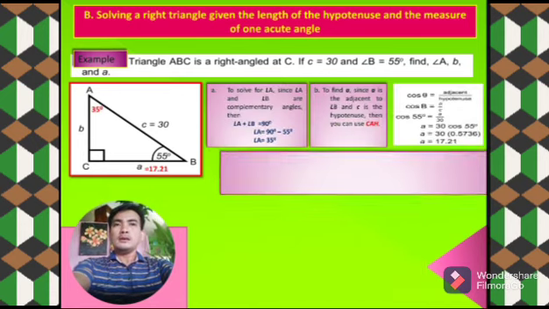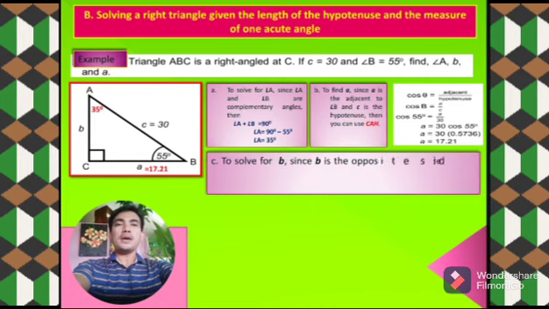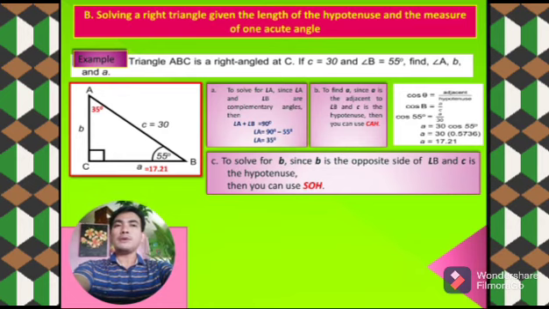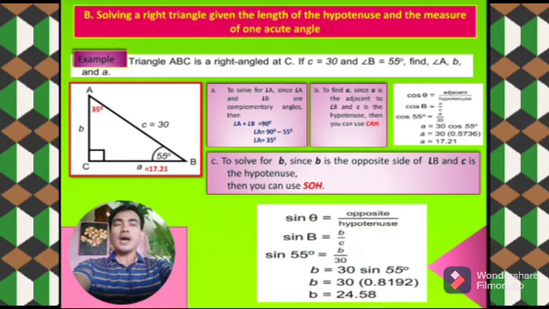And solving for side B, since B is the opposite side of angle B and C is the hypotenuse, in that way we can use SOH, or the sine equals opposite over hypotenuse. So right there, sine theta is equal to opposite over hypotenuse.